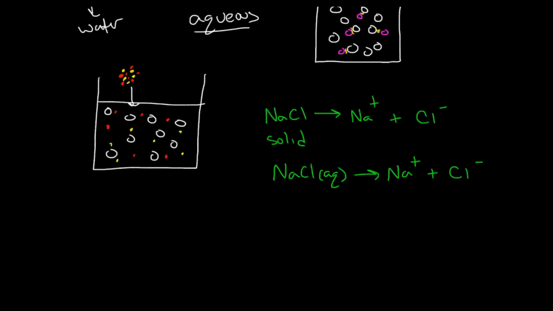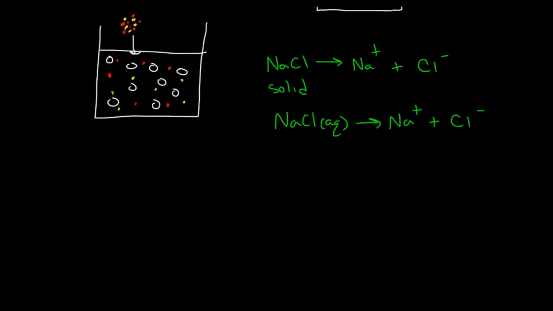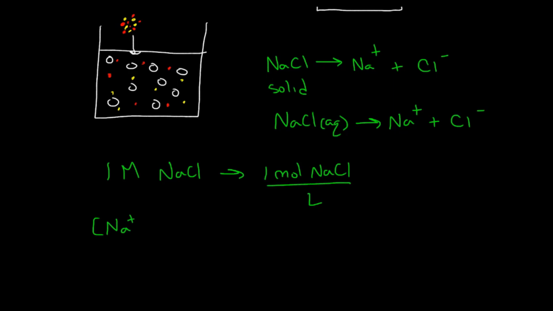The reason I'm bringing this up is that we can actually calculate the concentration of individual ions in water. If, for example, we had 1 molar sodium chloride, we know this means 1 mole of sodium chloride per liter. If our goal were to figure out the concentration of sodium cations in this solution, we can use the definition of molarity.